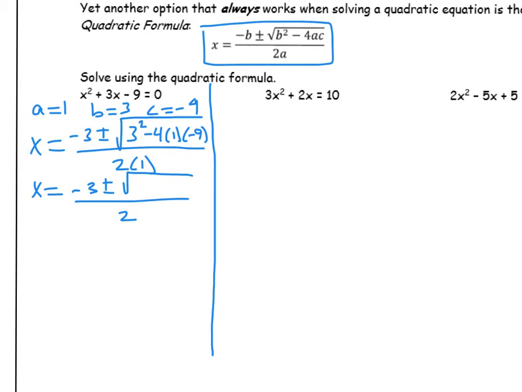It looks like basically 9 plus 36, 36 coming from negative 4 times negative 9. I'll just check to see if I can simplify this, which I can.